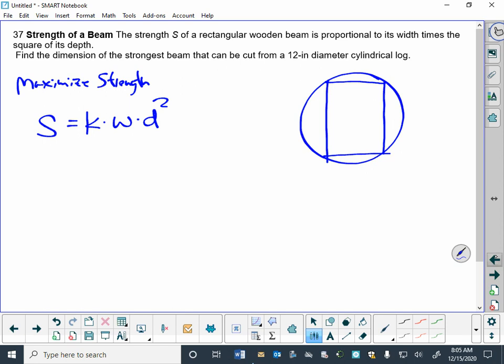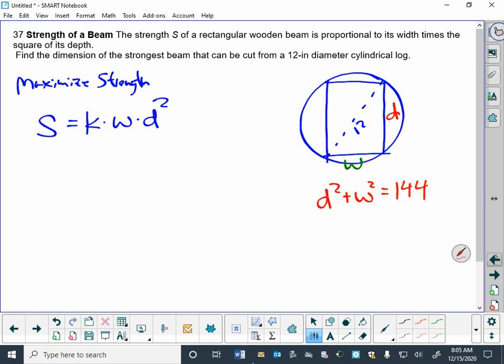We have a 12-inch diameter cylindrical log, so this is 12 inches across there. This would be the width of the beam, and this is the depth of the beam. And I've got a little Pythagorean theorem staring me in the face there. So the depth squared plus the width squared is going to be exactly equal to 144.